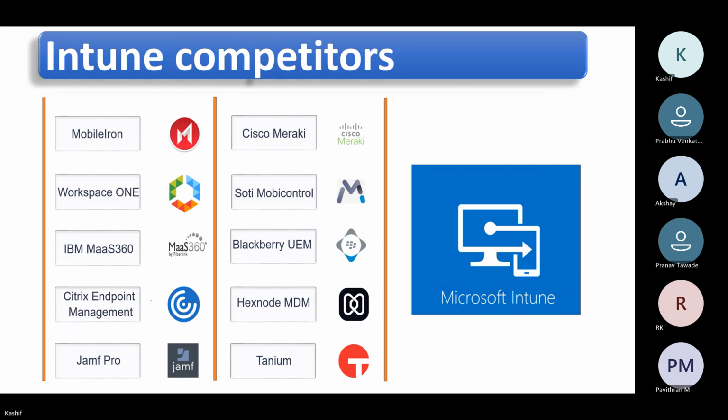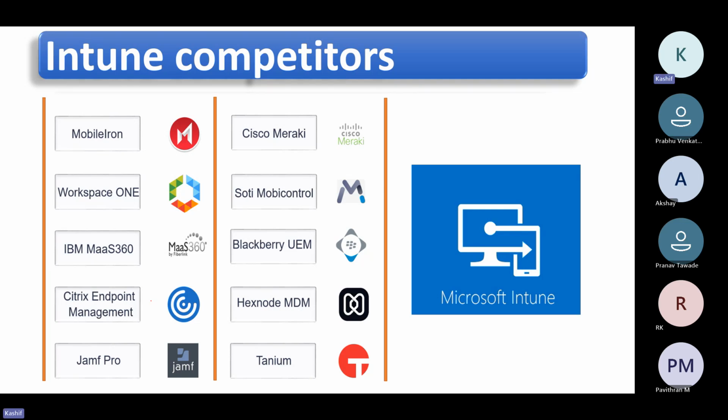Okay. Now Intune has competitors. Intune competitors are like Mobile Iron, Workspace ONE, IBM MaaS360, Citrix Endpoint Management, Jamf Pro, Tanium, Hexnode, BlackBerry, Soti, Cisco Meraki. These are the competitors of Intune, which is also performing similar to Intune.